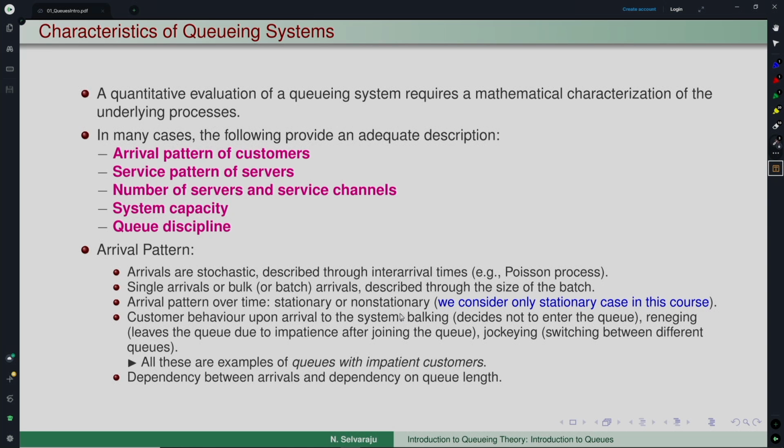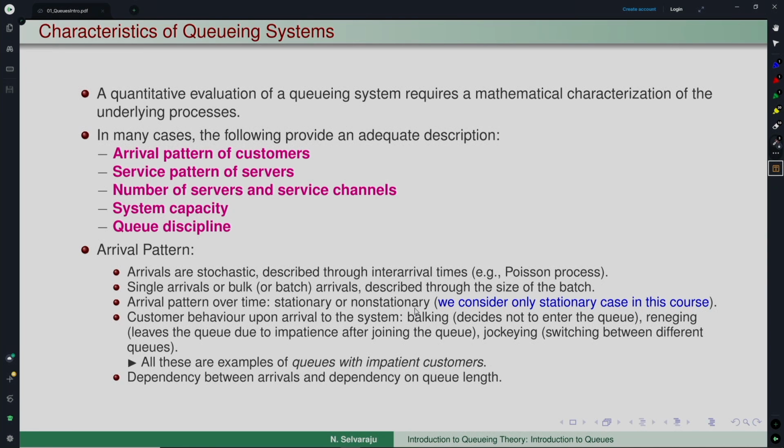If you assume that throughout the day it has the same pattern, meaning any time is like any other time in some sense, then you have a stationary situation. The simple Poisson arrival process is basically a stationary pattern; we are talking with respect to time. Non-stationary is when it is not the case and it depends on time.